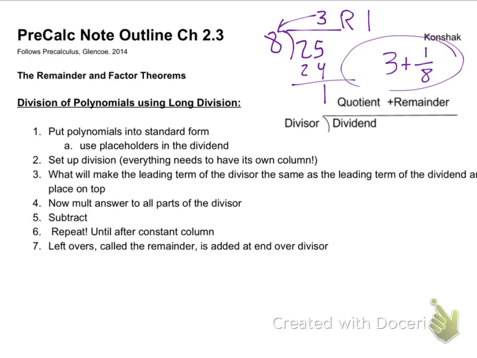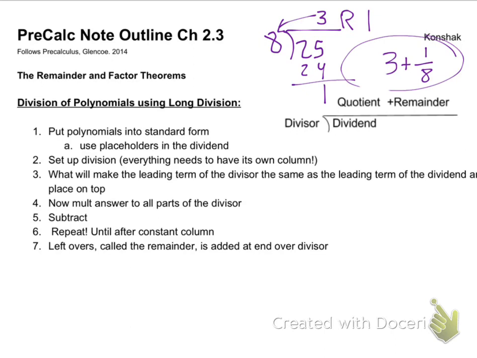Okay, so you set it up. Divisor goes on the outside, dividend goes inside. Step 3, this is the actual part of long division. You look at the leading term of the divisor, the thing outside, and you ask yourself, what does it take for me to multiply that divisor's leading term to make it equal the leading term of the dividend?